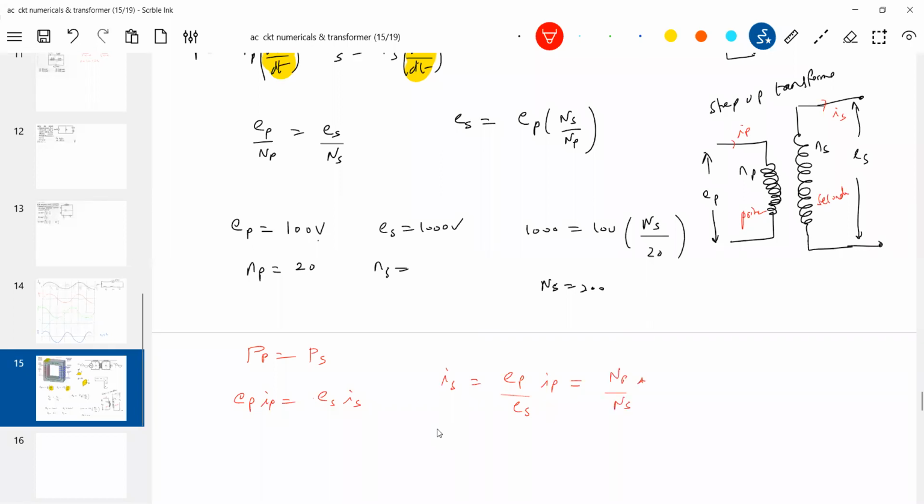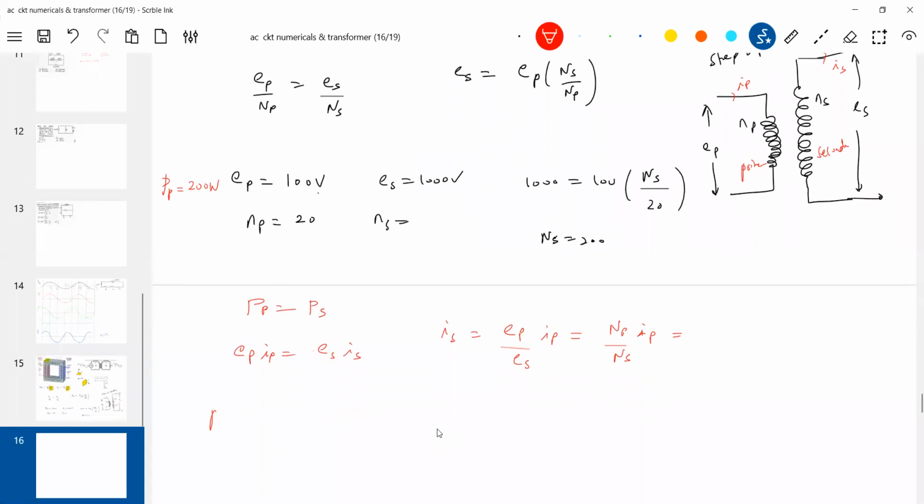NP by NS. So let's calculate now the total power we sent, say 100 into 2, so this will be 200 watt. So here only let me work it out.